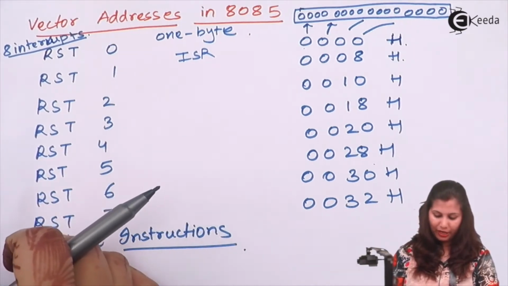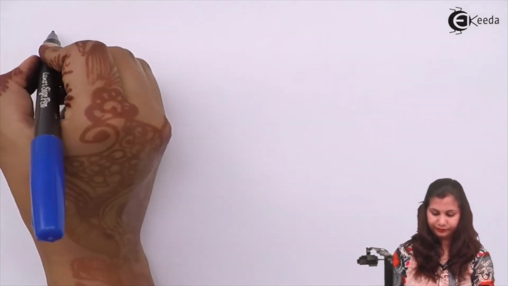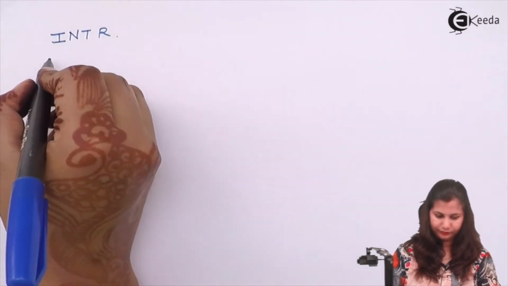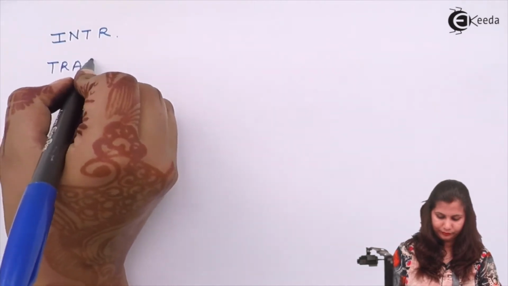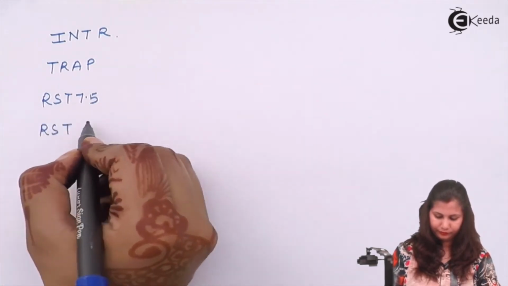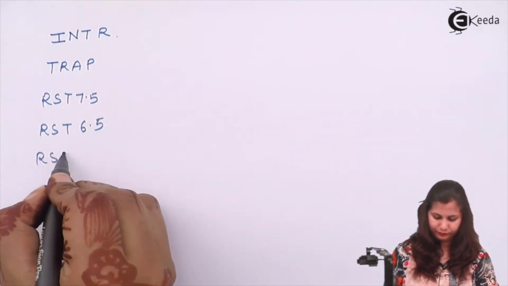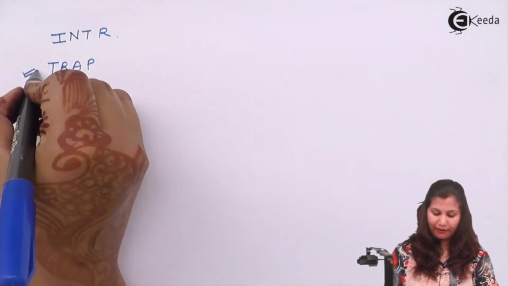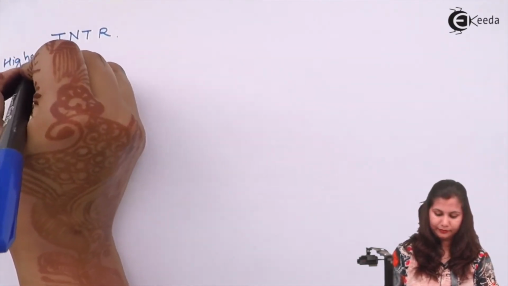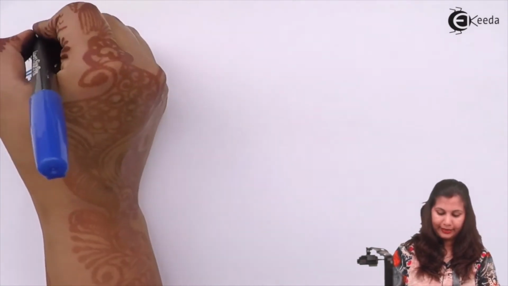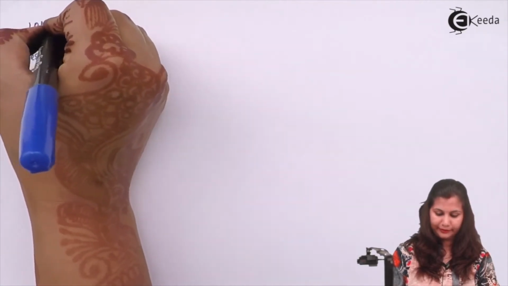Now next we were having trap and INTR. So their vector addresses are... Now out of these interrupts, trap is having the highest priority. And INTR is having the lowest priority.